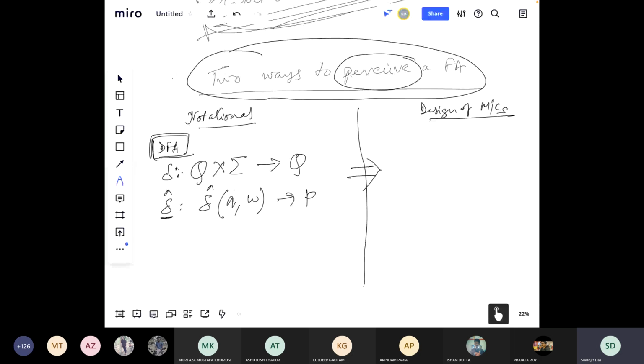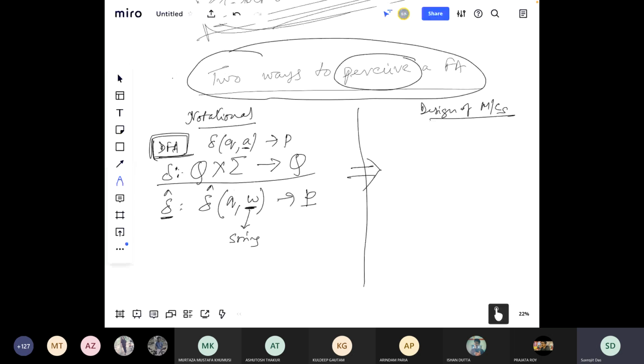Now, what was that W? By notation, W is a string now. By the basic definition, del of Q comma a symbol was taking you to P. Now we extend this so that it works with W. And by the recursive nature of this derivation, I will show you how it looks.